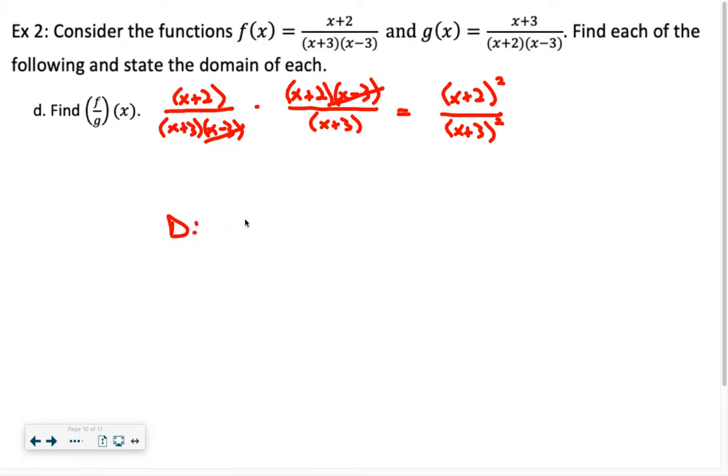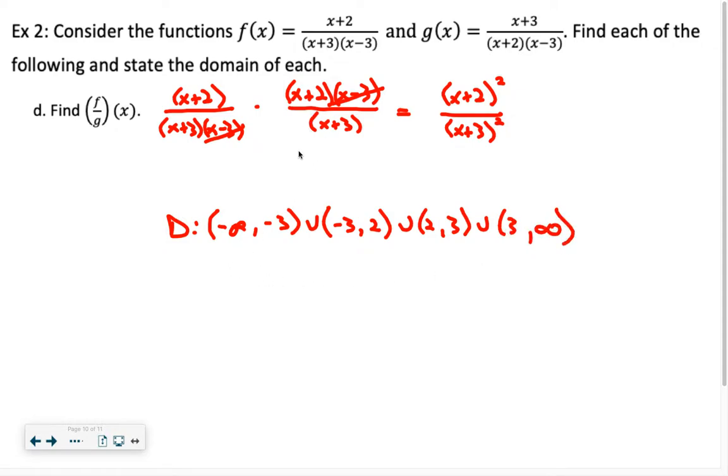The domain is actually just going to be the same as what it's been for the last few problems. I need to exclude negative infinity up to negative 3, union, negative 3 to 2, union 2 to 3, union 3 to infinity. Okay, I need to exclude anything that was ever in the denominator.